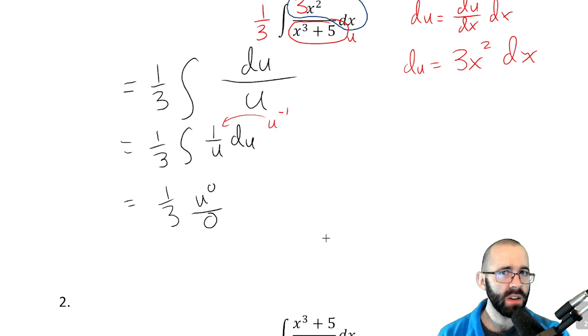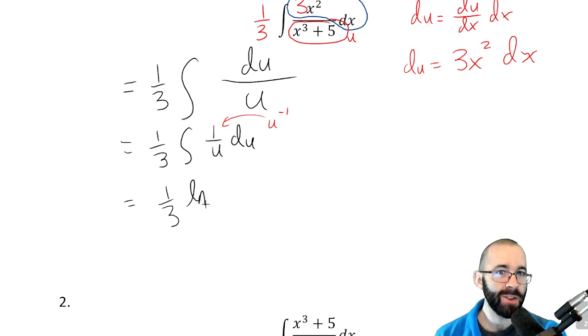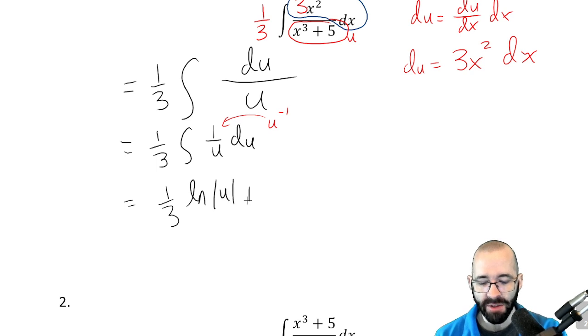Something went wrong. Remember from your power rule, we can use the power rule for any exponent for integrals, any exponent except -1. This is actually not the power rule at all. This was that natural log rule. Remember back to the previous section 3.3, this is the natural log of the absolute value of u.